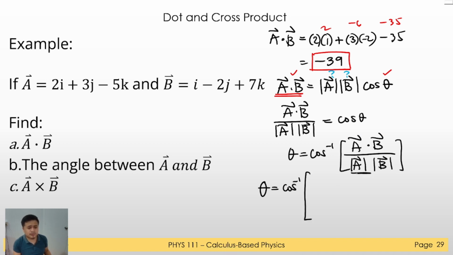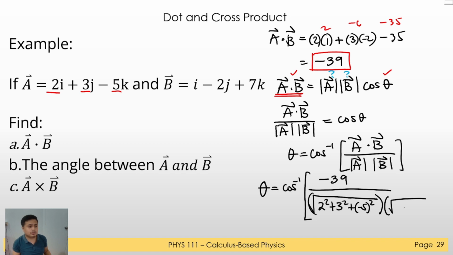Then let's solve for the magnitudes. That's just the square root of the squares of each component. For A, we have 2 squared plus 3 squared plus negative 5 squared, and then multiplied by the square root of 1 squared plus negative 2 squared plus 7 squared.